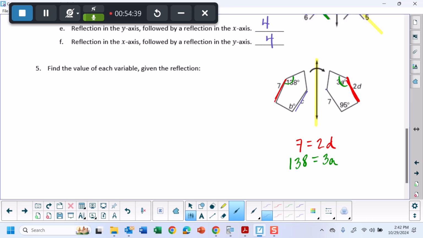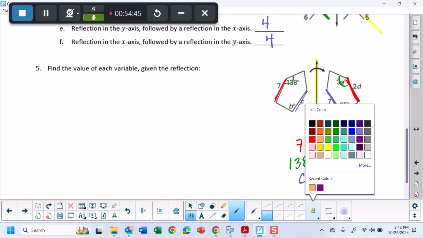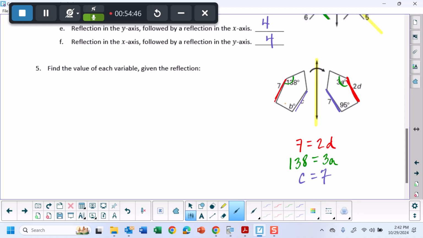Corresponding sides have the same measure. So C is equal to 7. Corresponding angles are going to have the same measure. So B is equal to 95. So you can find the value of each of those variables by matching up corresponding. What does corresponding mean? Same side. Matching. Alright.